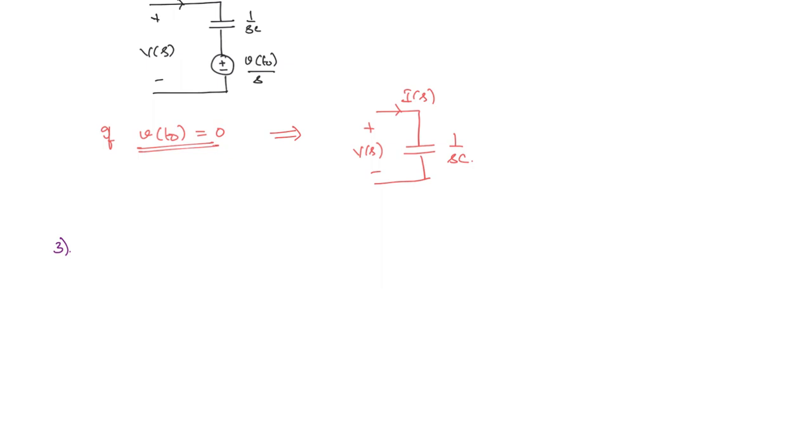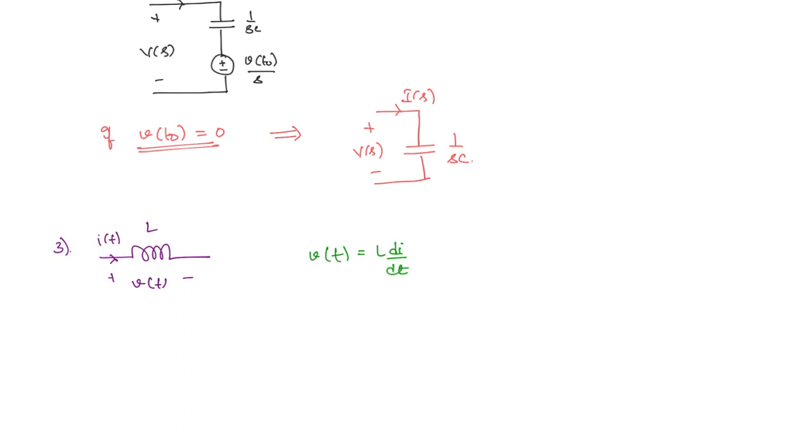So we will see what that is. Normally in time domain we represent the inductor like this. And what is the relation? The time domain relationship is v(t) is equal to L di by dt. Now if you want the Laplace domain, then you have to apply the Laplace transformation to this.